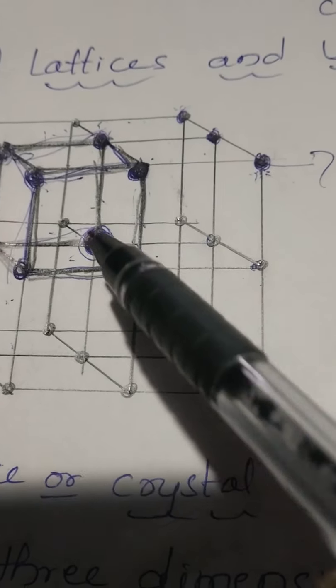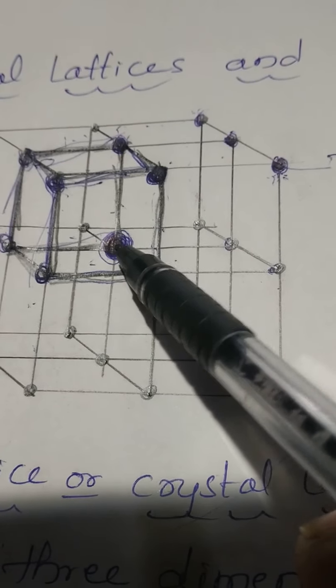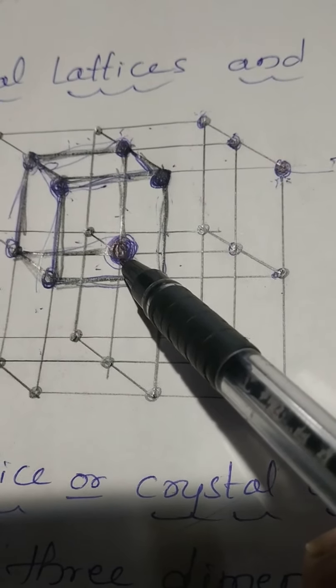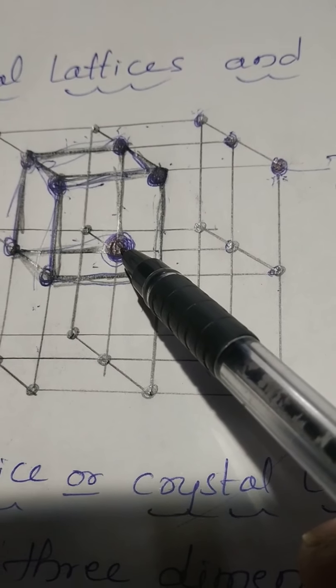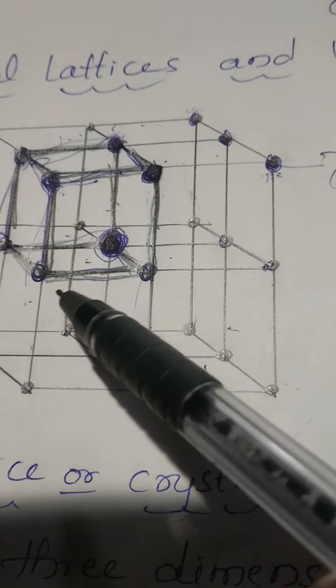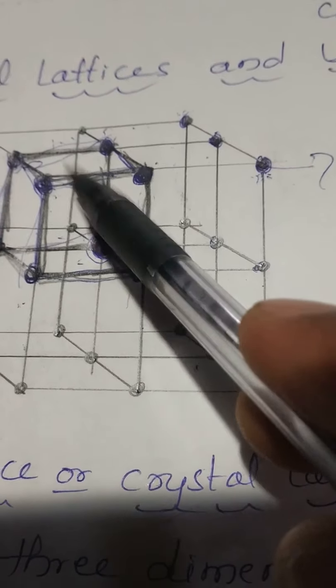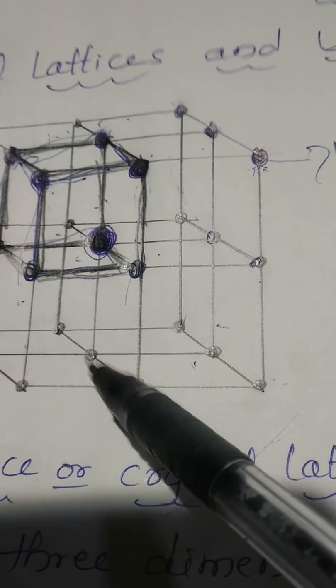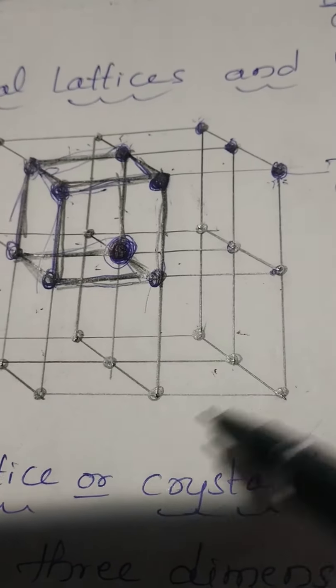Just see here, for example this unit cell. Consider this corner atom. This corner atom is shared by 8 unit cells. See here, 1, 2, 3, 4, 5, 6, 7, 8 unit cells are there.